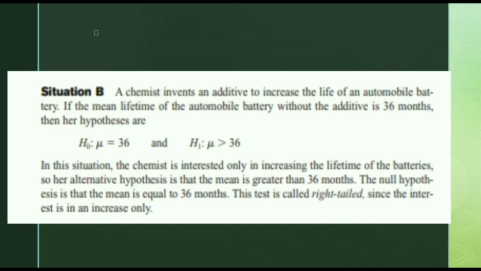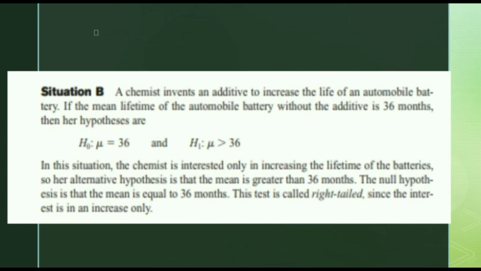So ato ang ma-ask, why nganong dili katong not equal to ang gigamit nga claim sa alternative hypothesis, kundi greater than. So in this situation, the chemist is interested only in increasing the lifetime of the batteries. So her alternative hypothesis is that the mean is greater than 36 months. The null hypothesis is the mean is equal to 36. The test is called right-tailed since the interest is an increase only. So right-tailed siya.